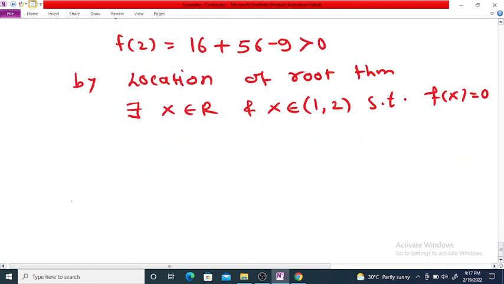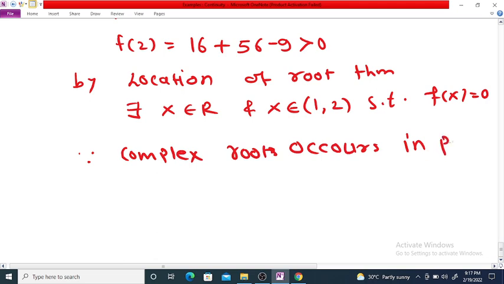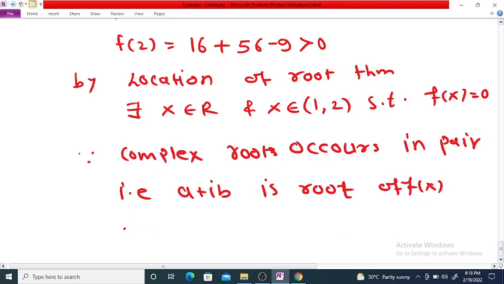Now we know that complex roots occur in pairs, that is, if a plus ib is a root of f(x), then a minus ib is also a root of f(x).